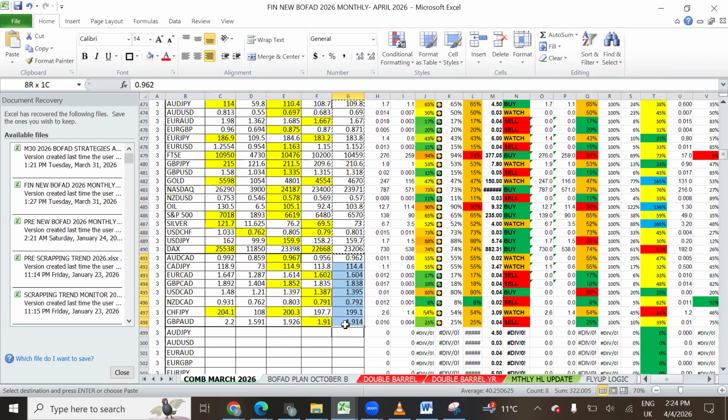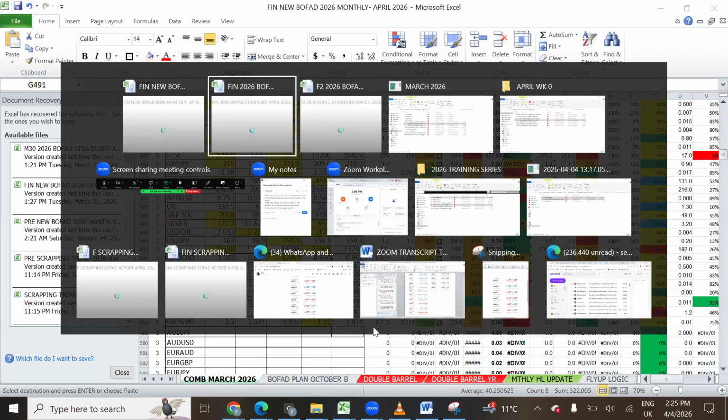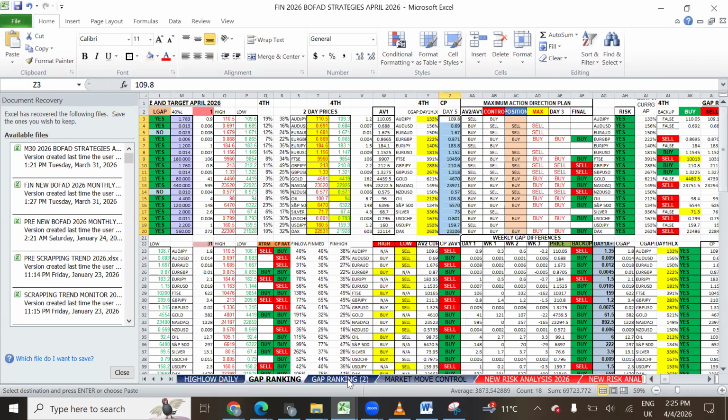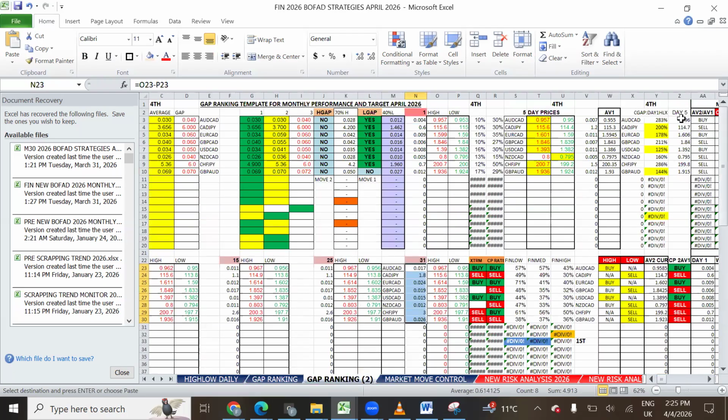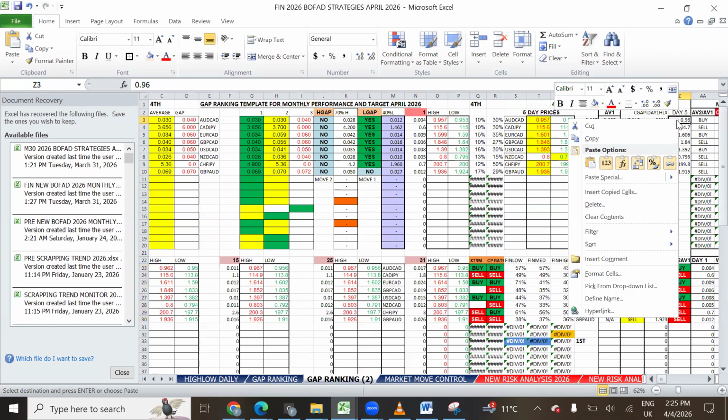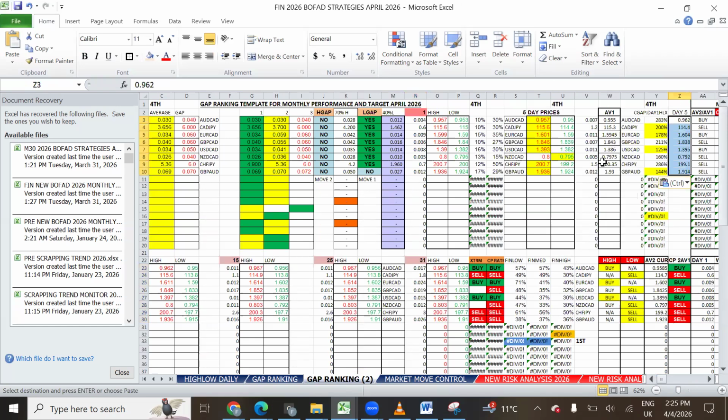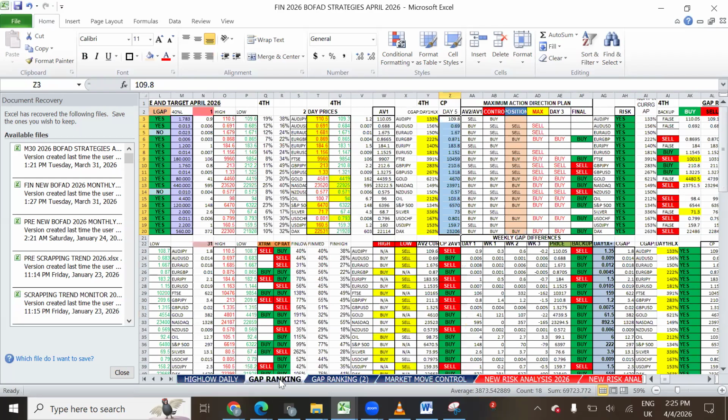Current price, copy, and go and paste there also in the right position. You see, you paste here as well. That's all. So now, even without doing anything, you can see predictions already on this template.